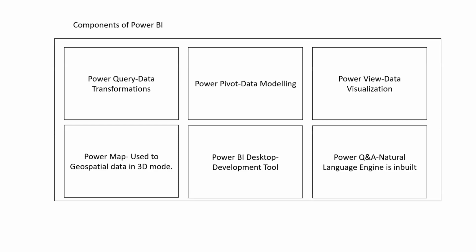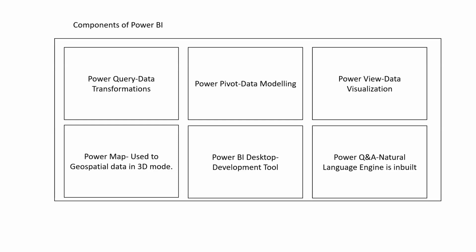And another important component is Power Map. As per the latest releases, the Power Map component has been hidden. Power Map, for example, I have a data set, and in that there is a field called country, with values like India, Germany, US, Australia.